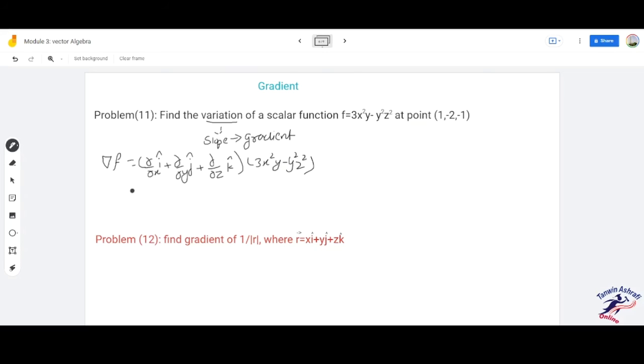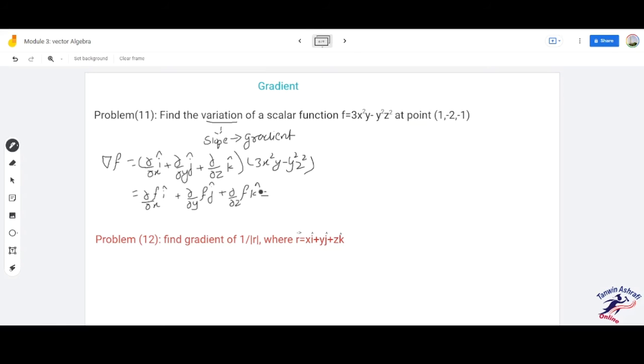Now if I try to find the variation, we will need to take the partial derivative of this function f, ∂/∂x with i, ∂/∂y with j, ∂/∂z with k cap.